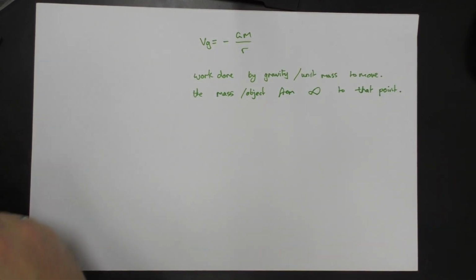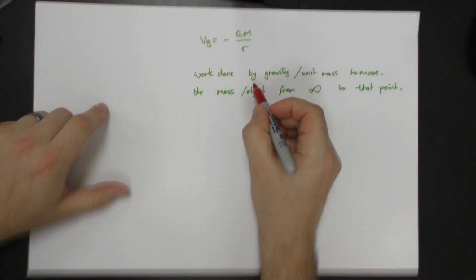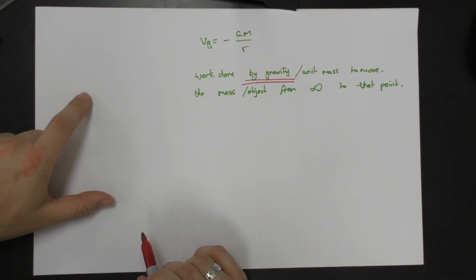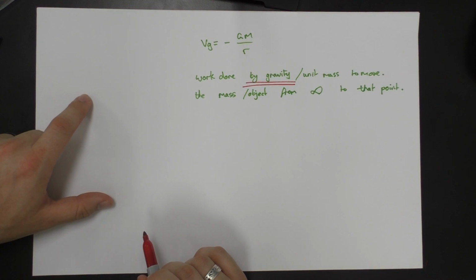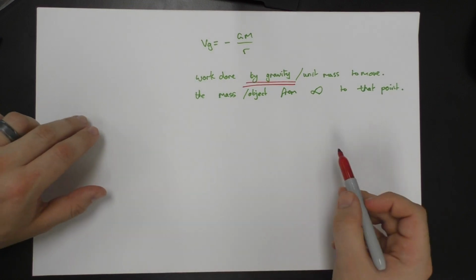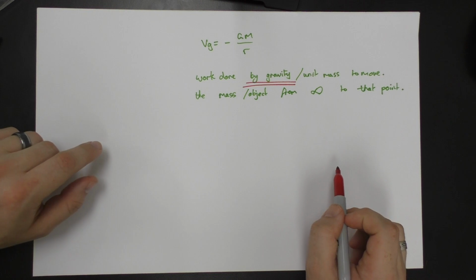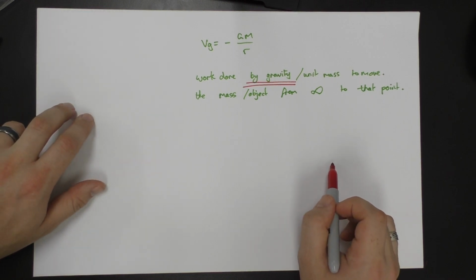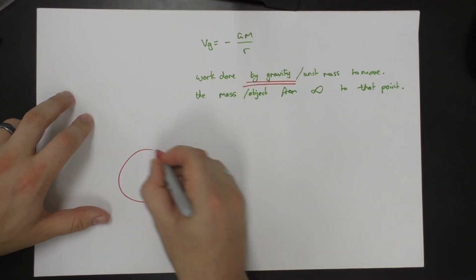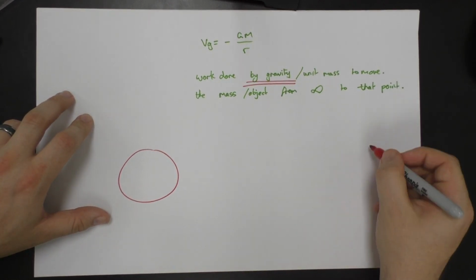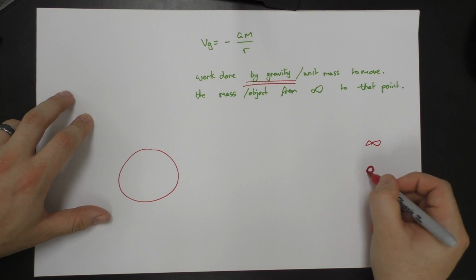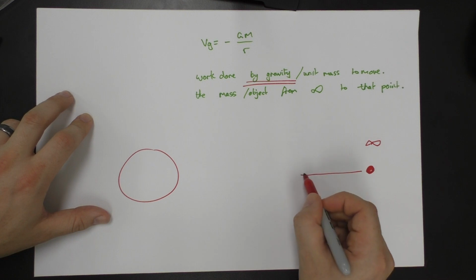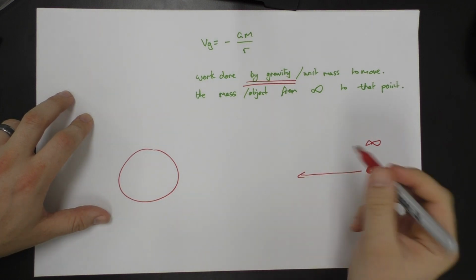So what does that mean? Well, the "by gravity" is probably one of the most important aspects that you can take away from this, because "by gravity" means that gravity is going to have to pull in a mass that's at infinity. It's going to have to do work on it to move it from that point to that point. So here's our planet, here's infinity, here's our mass, and we've got to move it to that point there.